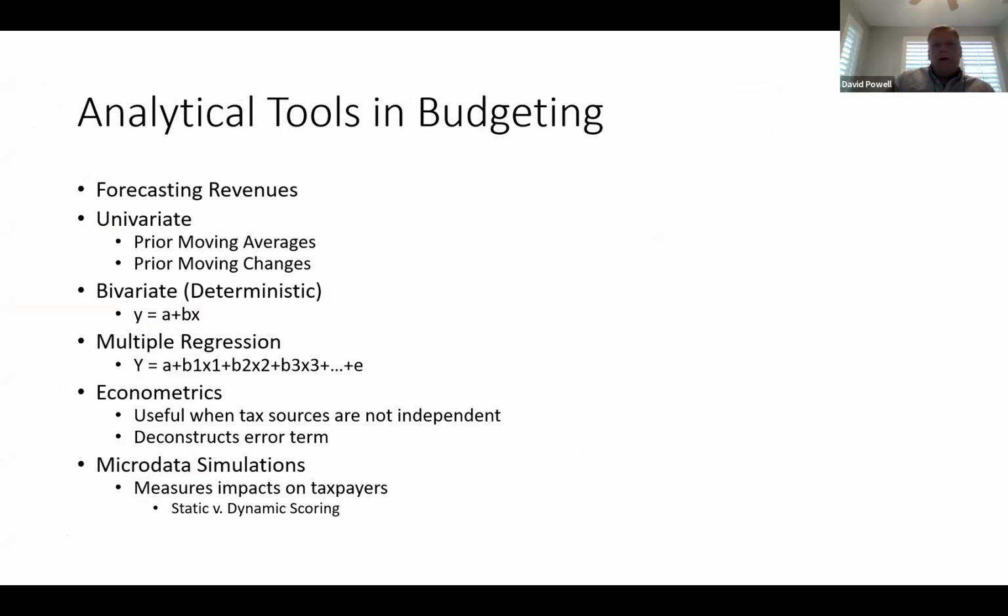So what I have found is, instead of just throwing all these different approaches at you, it is much more useful to organize our discussion around the purpose of why we are analyzing a budget to begin with, because we do budget analysis for a variety of different reasons. So tonight I'm going to present to you the purpose why we're analyzing the budget, and then some of the possible approaches and tools we can use for that purpose.